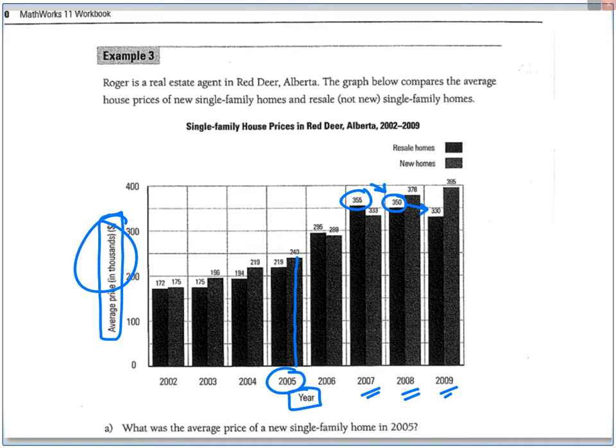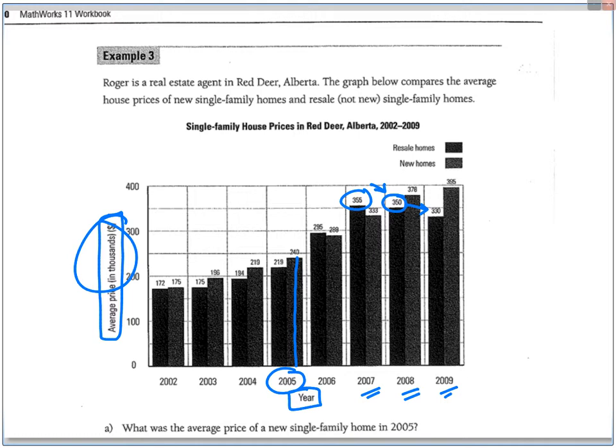And C, generally, what is the general trend in the differences in prices? For example, which costs more or less of the two types of units? In which years is this not so? So which bar is always bigger, typically? The new homes, right? The new homes are always going to be more expensive, except for 2 years.